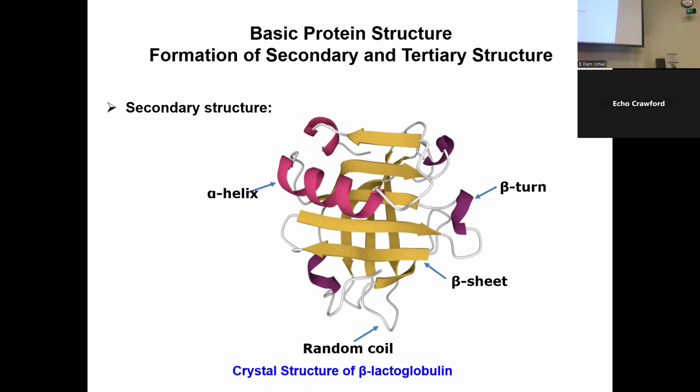Depending on the sequence of the protein, we would get different forms of secondary structure. A very common form is your alpha helix, the beta sheet, the beta turn, the arrow here, and then all of these non-conformational shapes, we call them random coil.